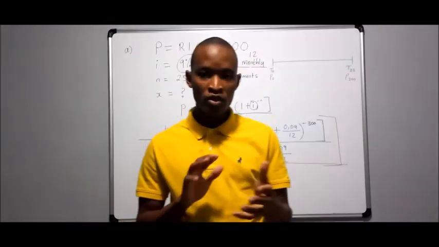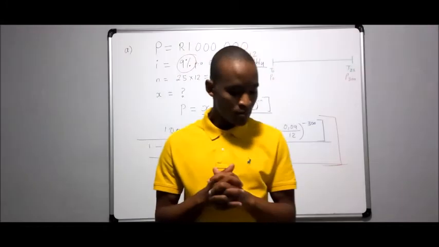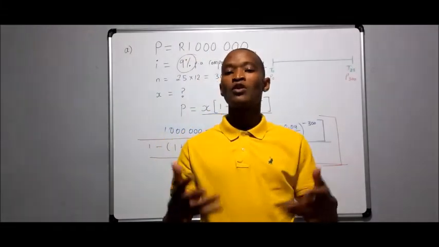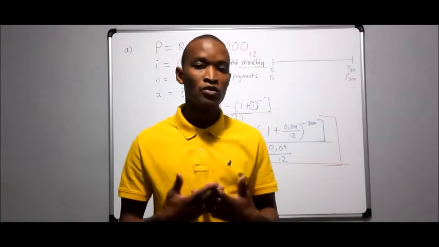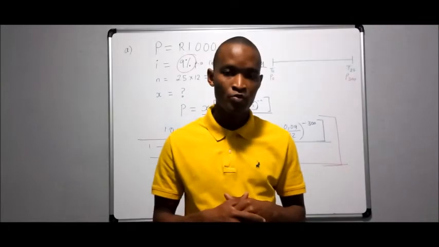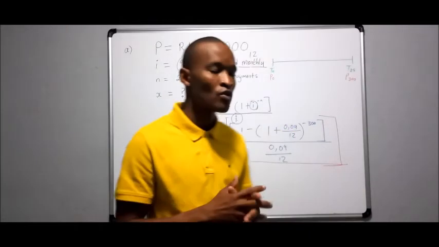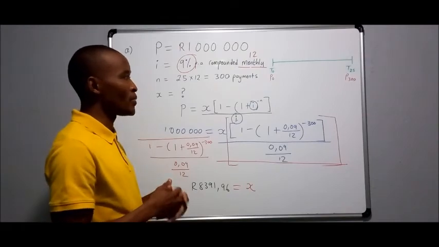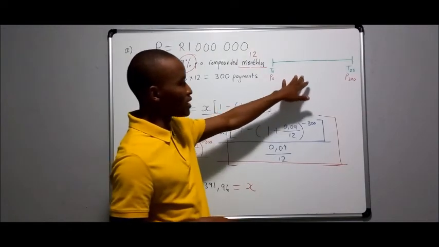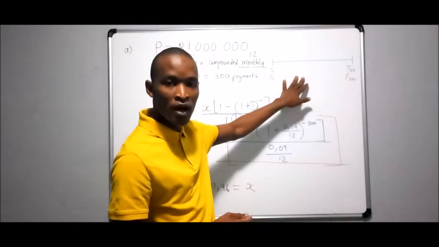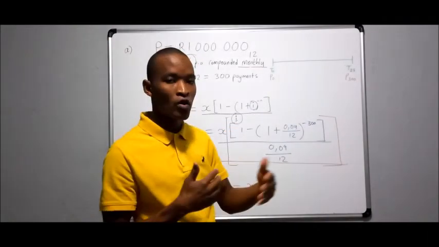This is going to be a 3-part series or a 5-part series, because I want to show you how to calculate the outstanding balance, the total amount paid towards the actual capital, as well as the interest paid and things like that. We're going to play around with this formula and see the adjustments that take place when we want to find out the outstanding balance, or in cases of pro rata payments.